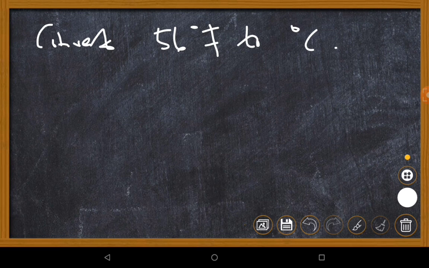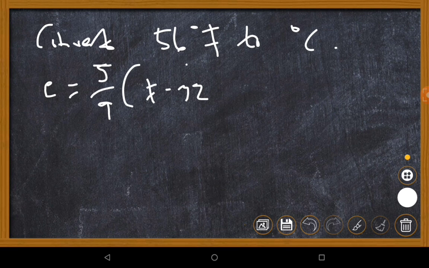So our given formula is Celsius is equal to 5/9 times Fahrenheit minus 32. So this will be 5/9 times Fahrenheit, which we have given here as 56.